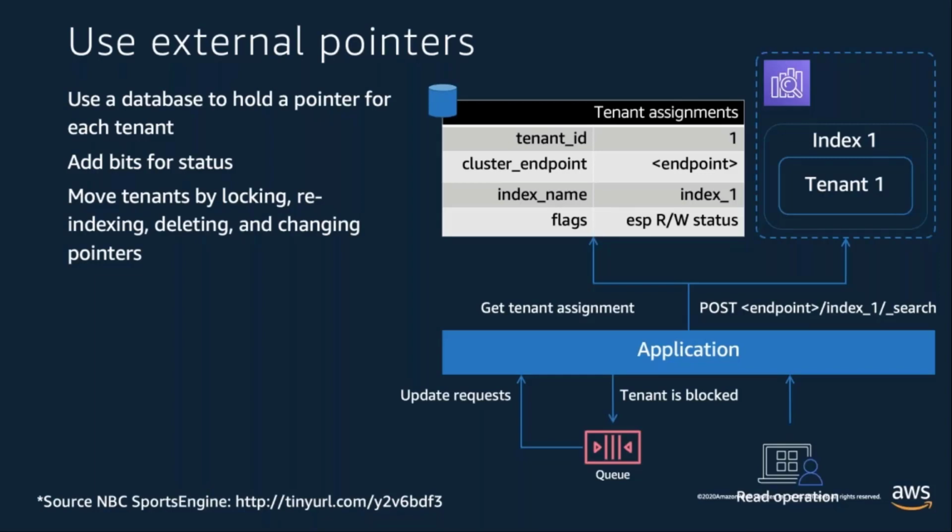It gives you the flexibility to add some flags that would, say, disable the write status of an index. That allows you actually to re-index that tenant's data somewhere else and move that tenant, either to a different index or a different cluster. Your front ends and all the rest of your application don't have to know about the underlying location of those tenants.